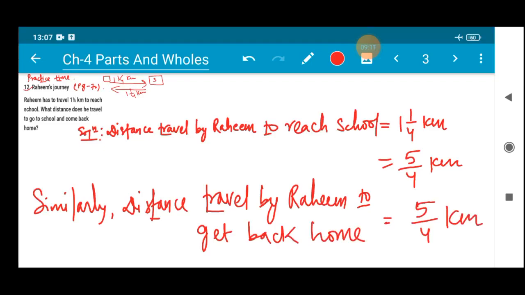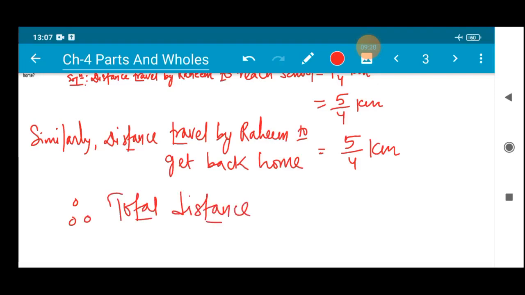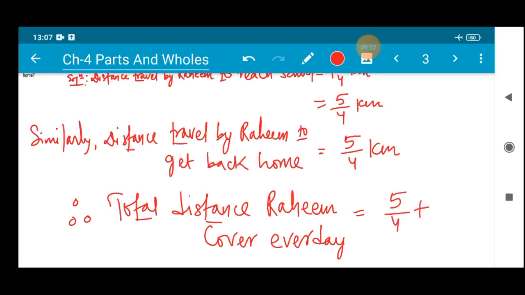Again, the same distance he has to cover. So what is the total distance he is covering every day? So total distance Rahim covers every day, that is to reach school from home and to reach back home from the school, is equal to 5 by 4 plus 5 by 4 kilometer, isn't it?